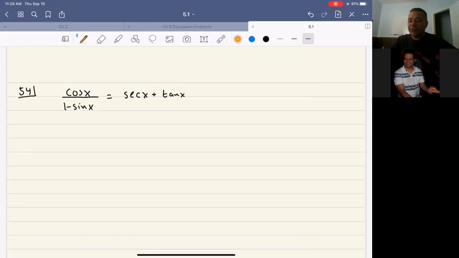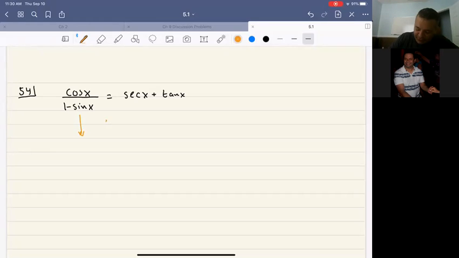So what I'm gonna do though, is I see automatically, since I have this 1 minus sine of x, I'm gonna automatically be like, you know what, that would really be better if it was 1 minus sine squared, right? So let's make it so it is.